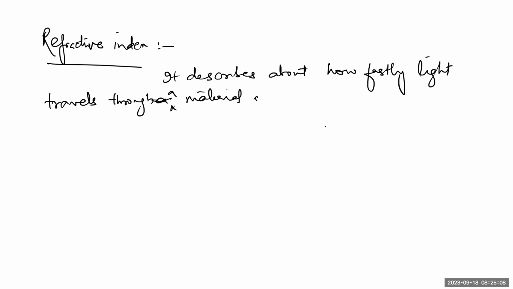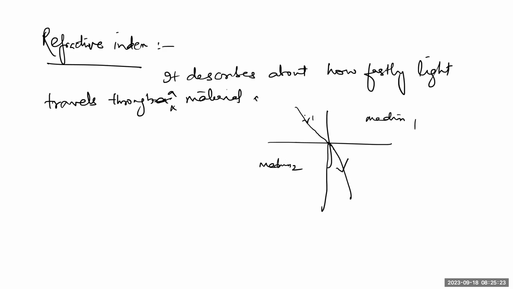It means this: we are having two media here, medium 1 and medium 2. Light passes from one medium and goes in this way. How fast light is going from medium 1 to medium 2, that is called the refractive index.